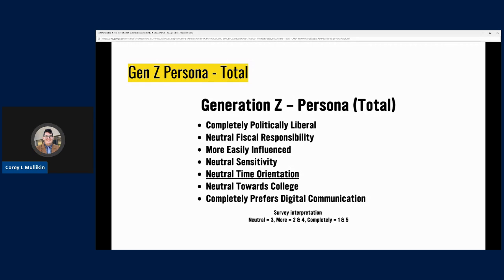This is everything else. This is what Millennials, Gen X, and Baby Boomers said about Gen Z. So the underlined ones is where we had a difference. And for Gen Z, the only real difference was time orientation. And we see that, for the most part, people thought they had neutral orientation.